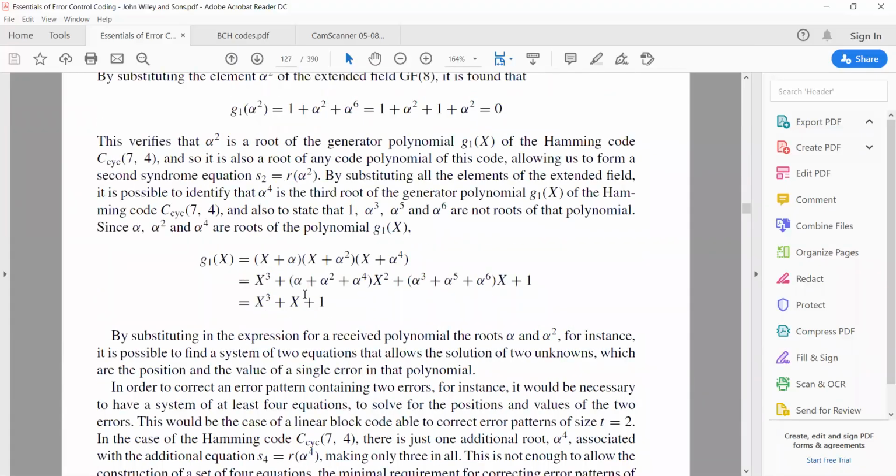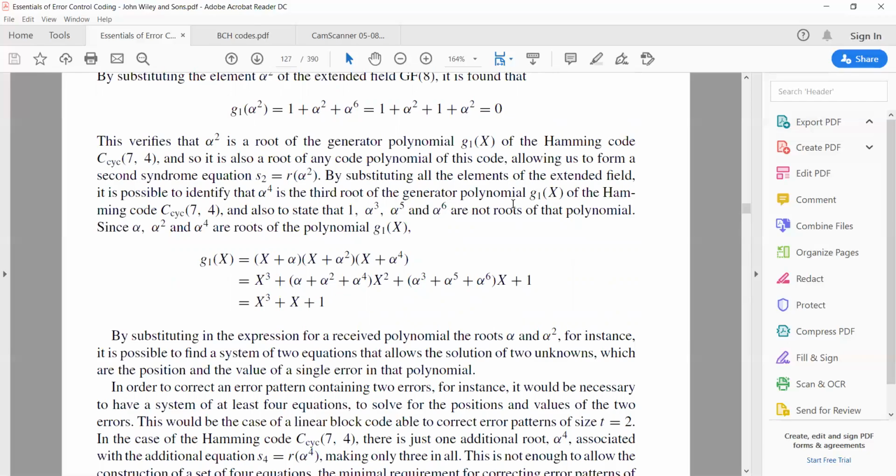First of all, go to this paragraph. This verifies that alpha square is a root of the generator polynomial G1(x) of the (7,4) code. By substituting all these elements from the extended field, it is possible to identify that alpha to the power 4 is the third root of the generator polynomial G1(x), and also to state that 1, alpha cube, alpha to the power 5 and alpha to the power 6 are not roots of that polynomial.